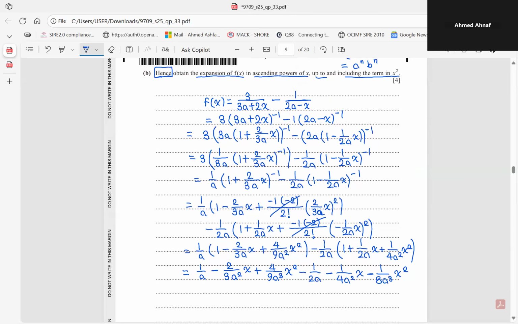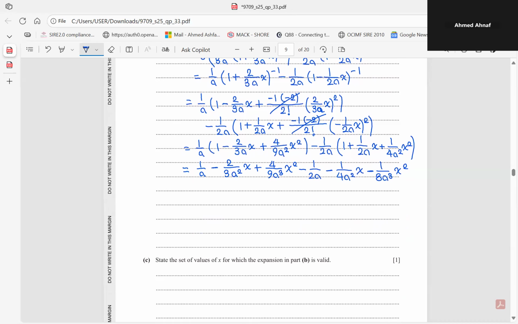minus 1 over 4a squared x minus 1 over 8a cubed x squared. Okay, now let's take the constant terms first. So 1 over a and 1 over 2a. Now the x terms, so minus 2 over 3a squared and minus 1 over 4a squared x, and plus 4 over 9a cubed x squared minus 1 over 8a cubed x squared.